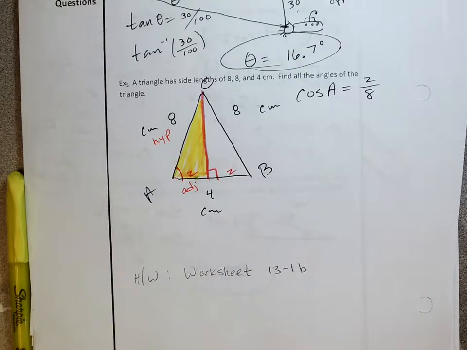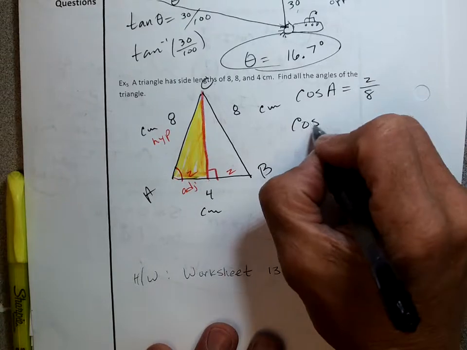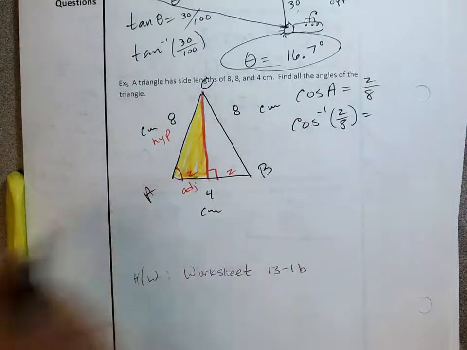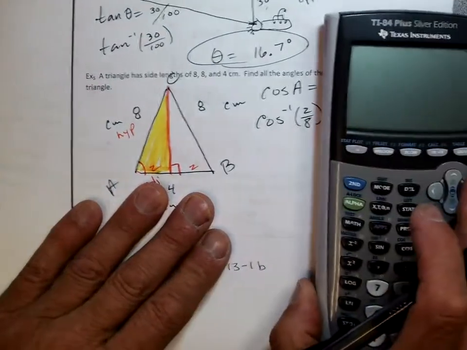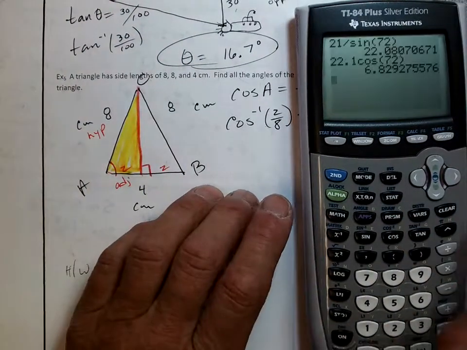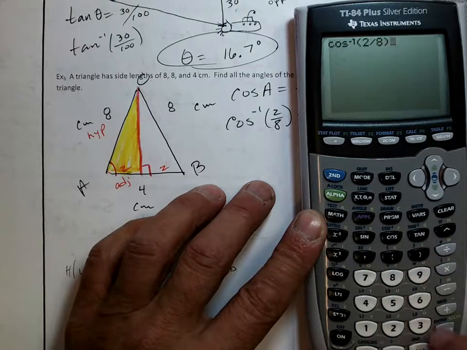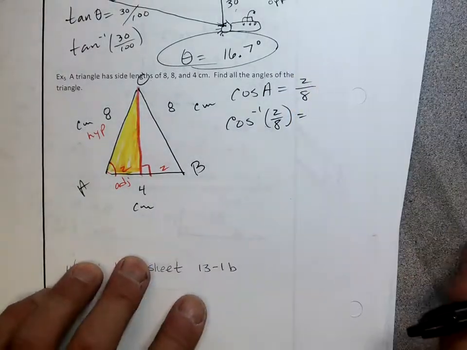Cosine of my angle is equal to the adjacent over the hypotenuse. And then to find the angle, I have to do the second, or cosine inverse of 2 over 8. And I'm just going to use my calculator to get my answer, right? So I'll go clear second cosine, 2 divided by 8. And I get about 75.5.